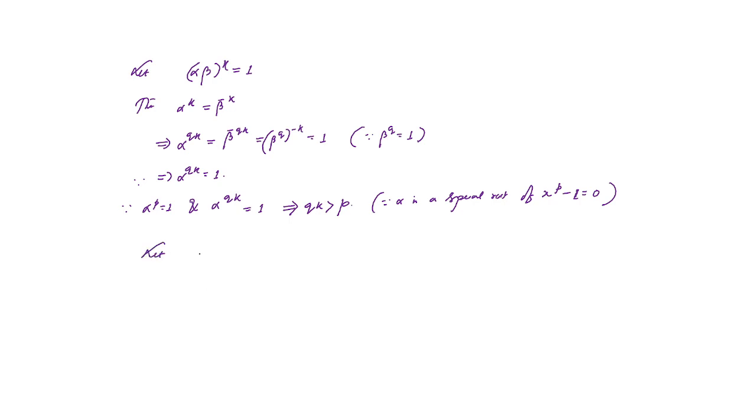So we let qk equals sp plus r by division algorithm, where 0 less than or equal to r less than p.